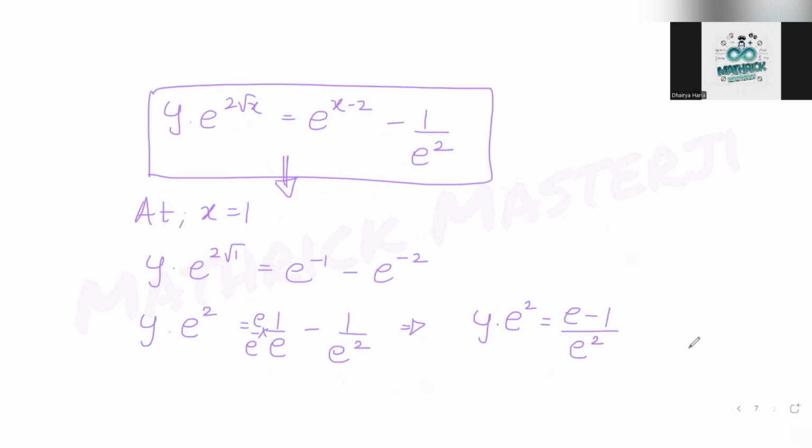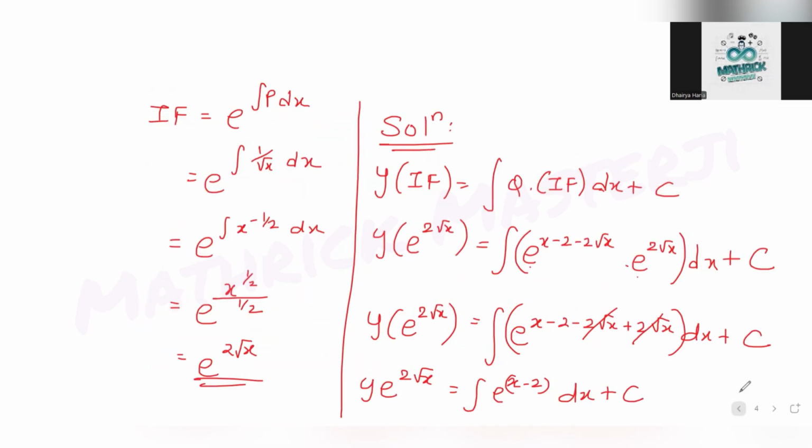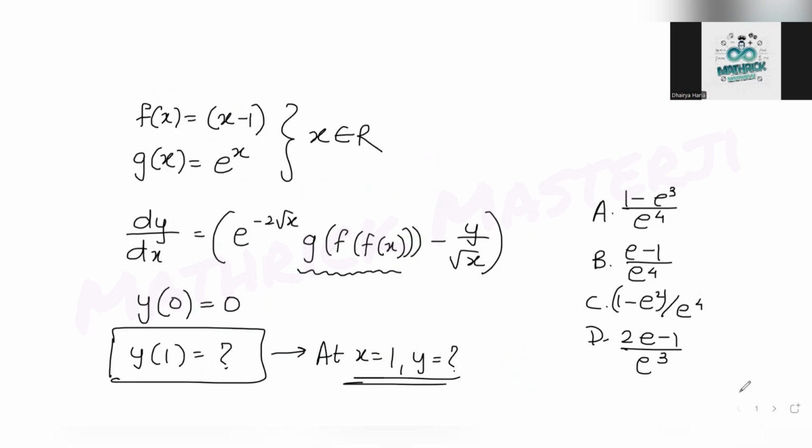So from here, dividing both sides with e squared more, so that I get rid of this, I get y is e minus 1 over e raised to 4. So that's the value of y. I have e minus 1 over e raised to 4. And that, if I see, matches with option B. So B becomes the correct answer for the question.